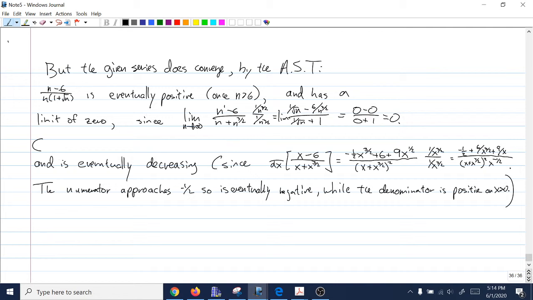Now consider f of x equals (x minus 6) over (x plus x to the 3 halves).